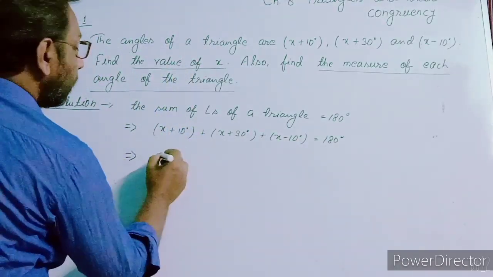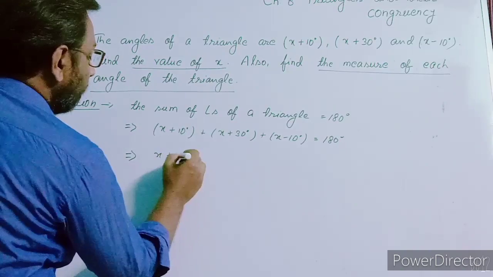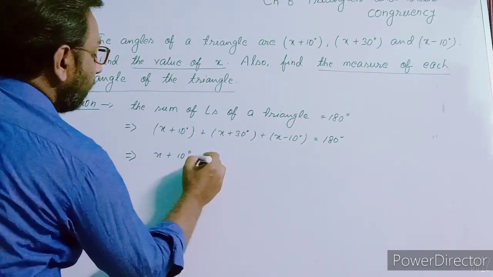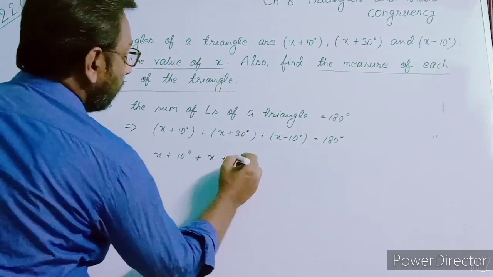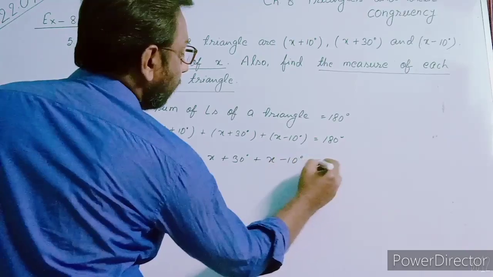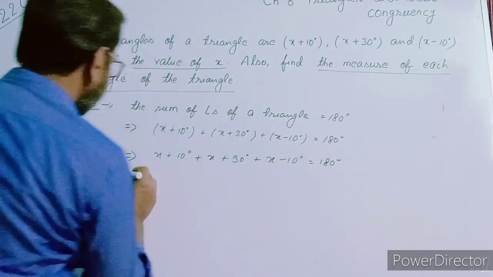Implies that, x plus 10 degree, I omitted the bracket in this step, x plus 10 degree plus x plus 30 degree plus x minus 10 degree equal to 180 degree.